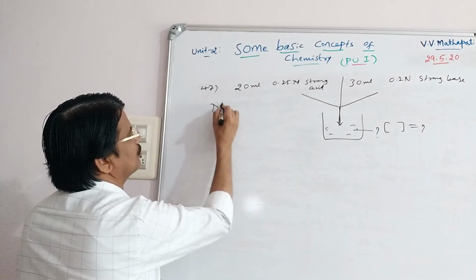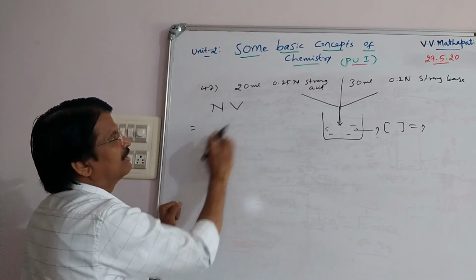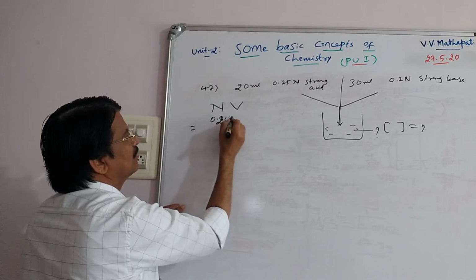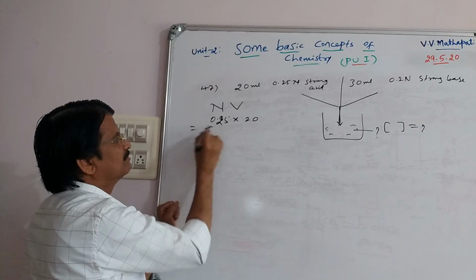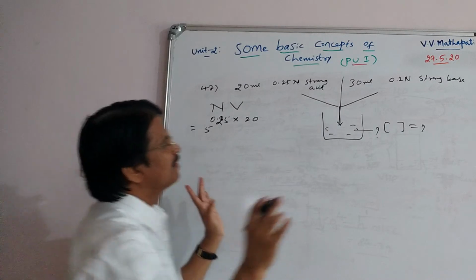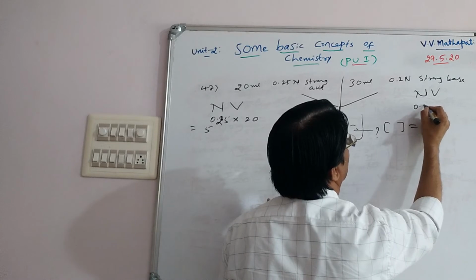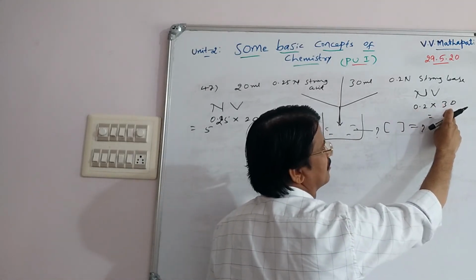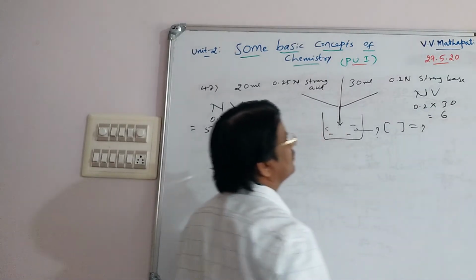When you multiply N into V for acid, N value 0.25, V value 20, 20 by 4 equals 5. Similarly, N into V for base, N value 0.2, V value 30, 2 into 30 is 60, 60 by 10 is 6.